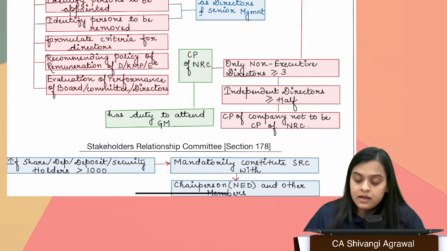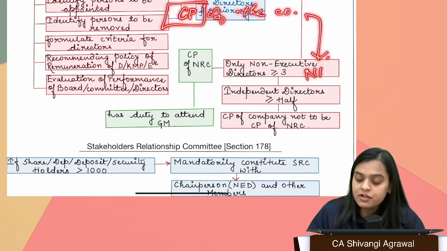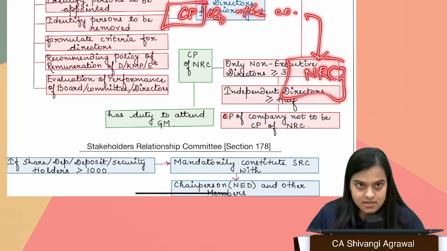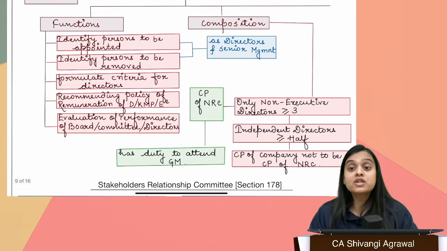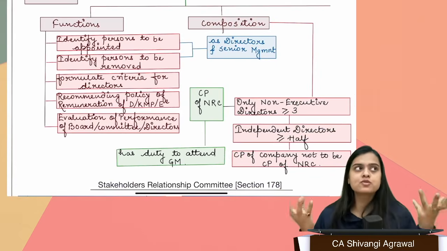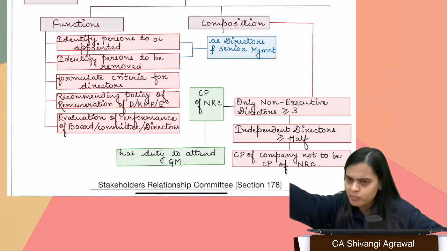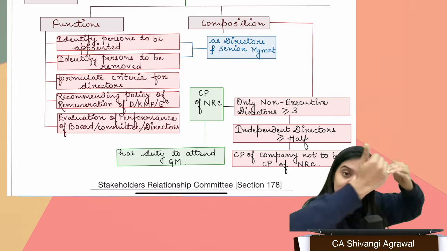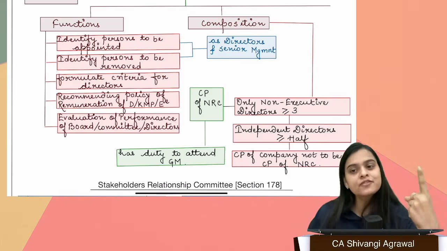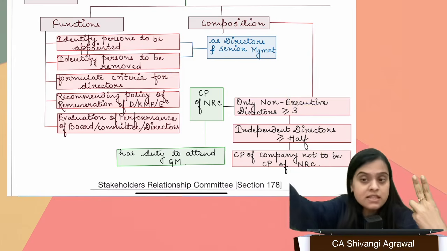Whoever is the chairperson of the company, despite being an executive director, can be a part of NRC, but he can't chair the NRC. What does NRC do? NRC, Nomination and Remuneration Committee. So you have to look at who should be appointed and what should he be paid. Again, you will be recommending to the board, because you're still operating under the board. So you identify the persons who can become directors or who can be a part of senior management.